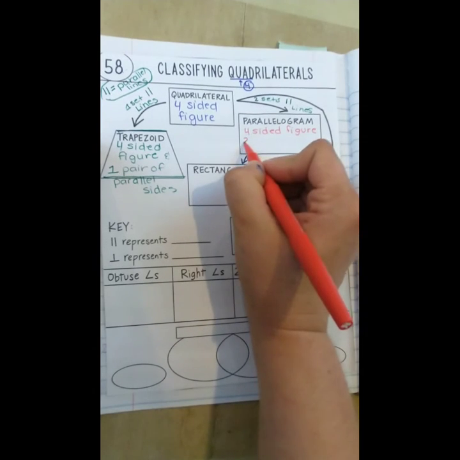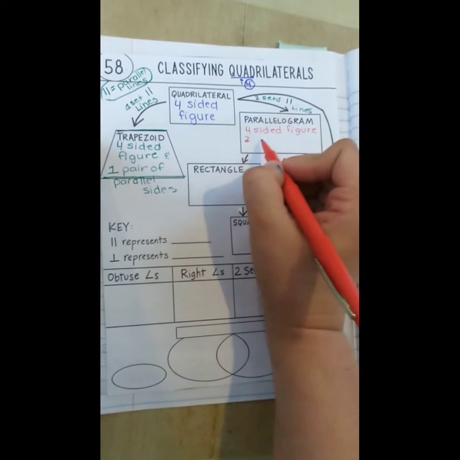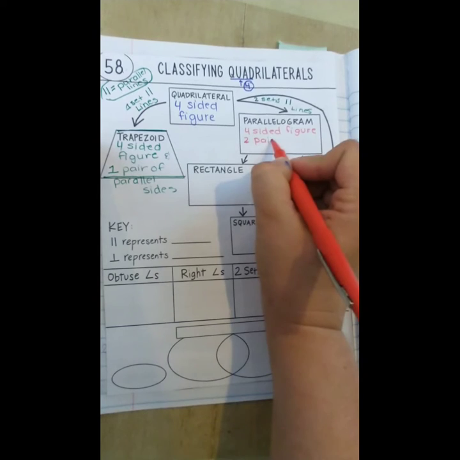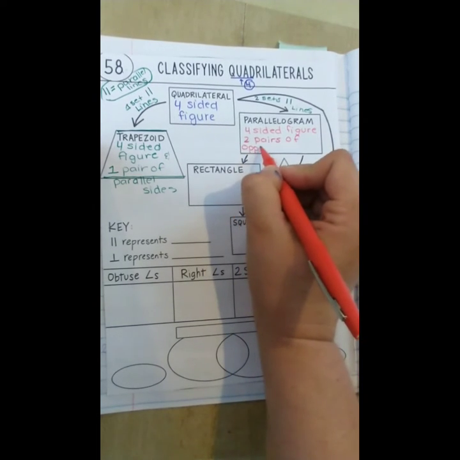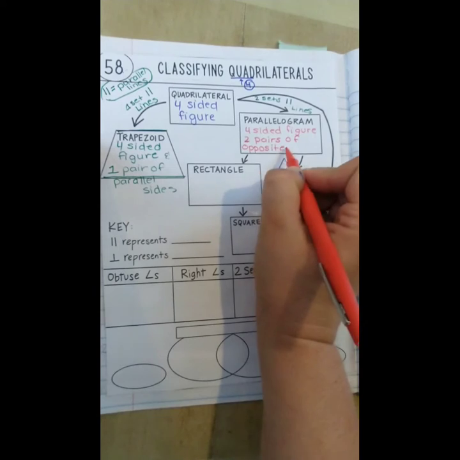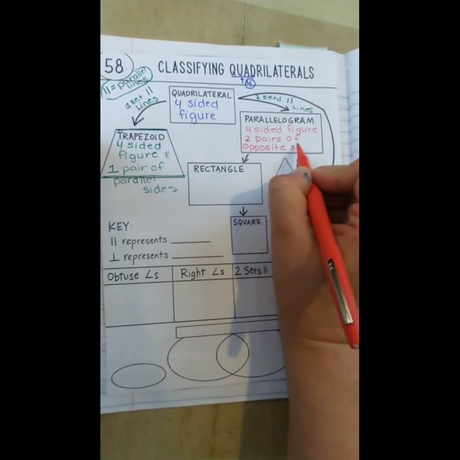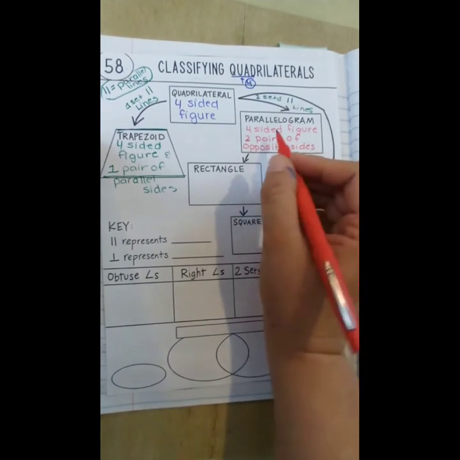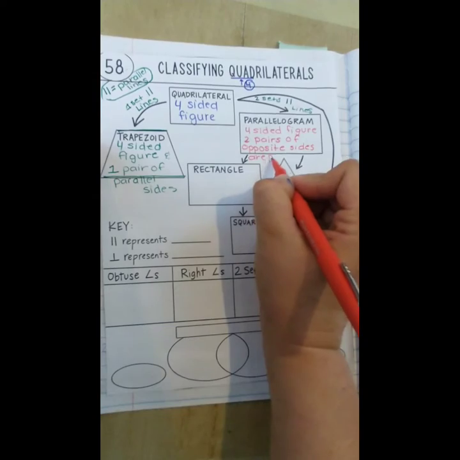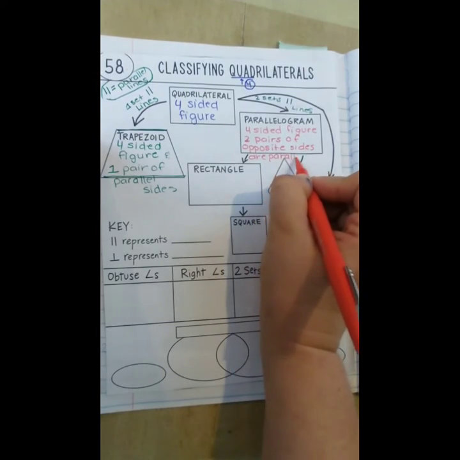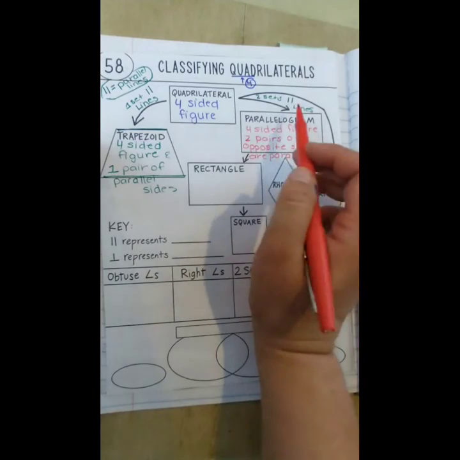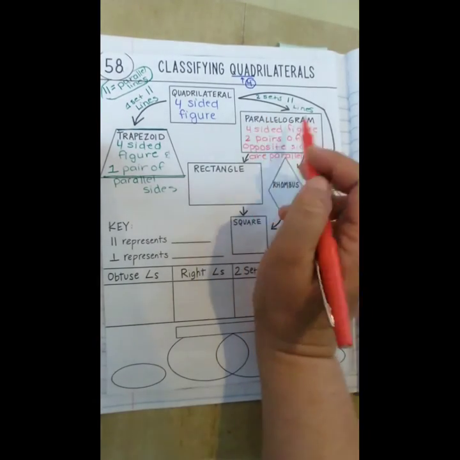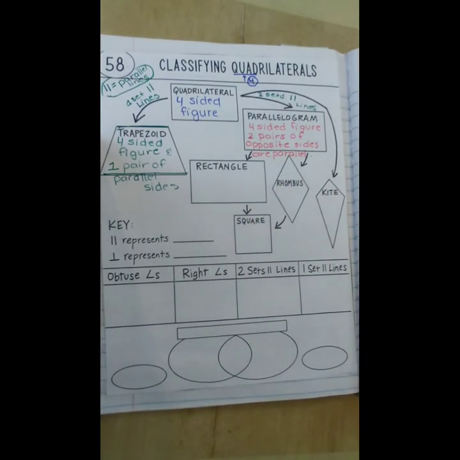And it has 2 pairs of opposite parallel sides. So in other words, the ones across from each other, those are parallel and these are parallel when they say opposite sides. So the ones across from each other.